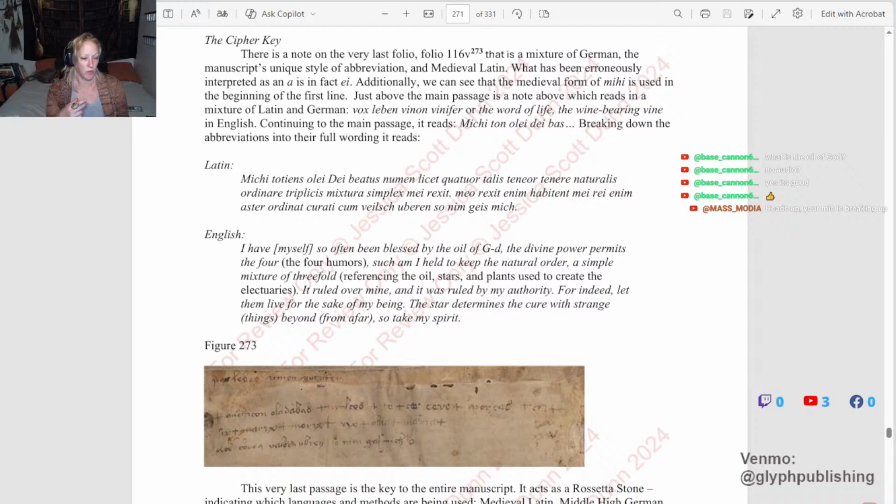He didn't use macrons, straight lines above letters to represent missing letters, typically an N, but it could be other letters. At the end of a word, a macron over an M or an N just means missing two letters, EN and EM.